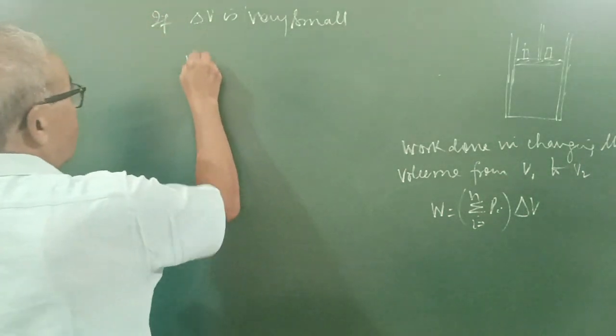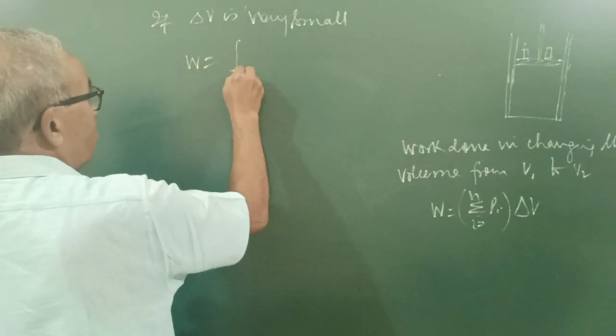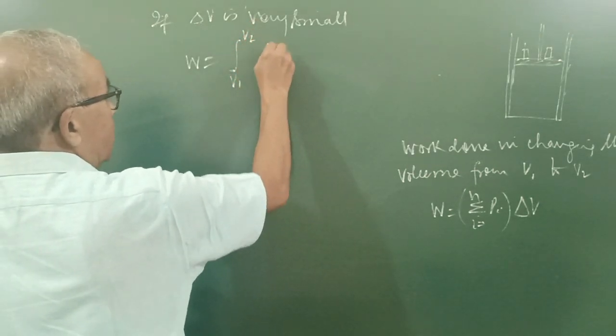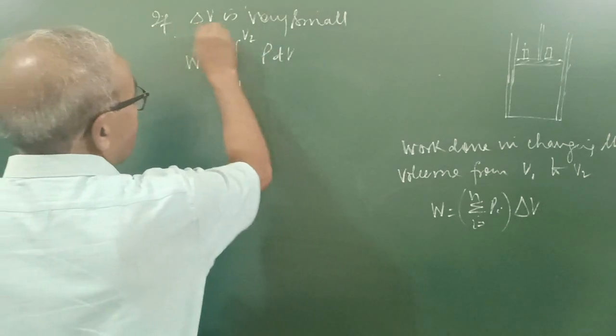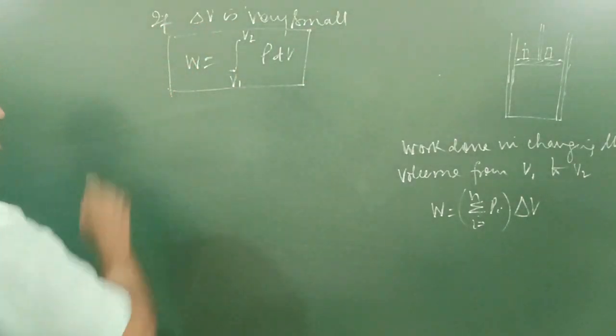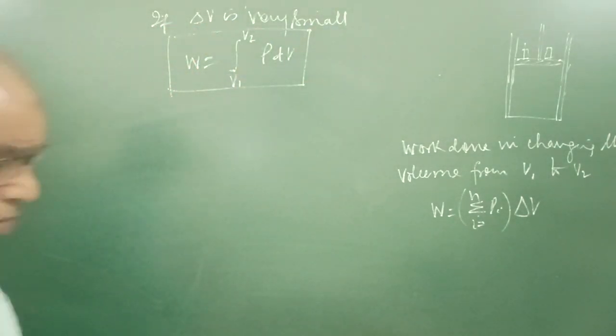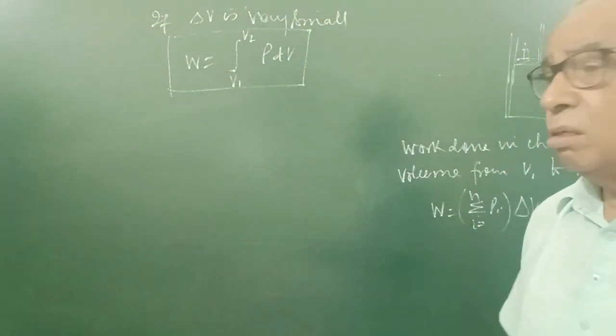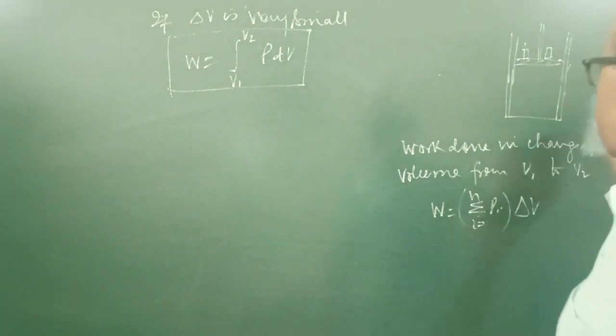Then we write W equal to the integration from V1 to V2 of P dV. Basically, this is the simplest method of calculating the work done by a thermal system during expansion.